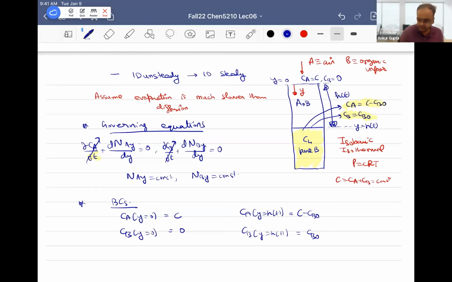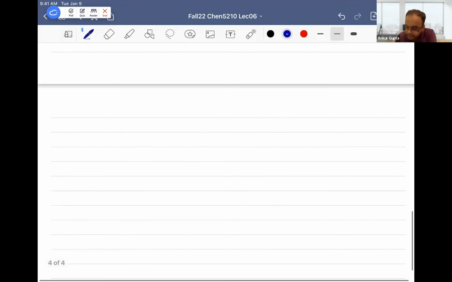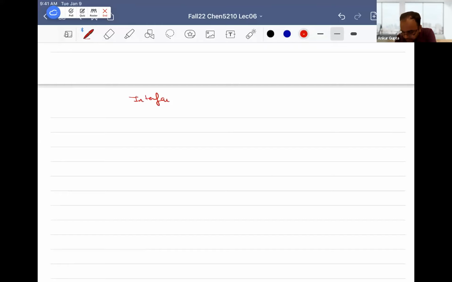All right, we did this and we said, well, to make more progress, clearly we don't have enough information. NAY and NBY, we don't know the value. So then we applied the interfacial balance, which is obviously because there's an interface and it's evaporating. This is the last thing we did in the last lecture, and I will just give you the results.